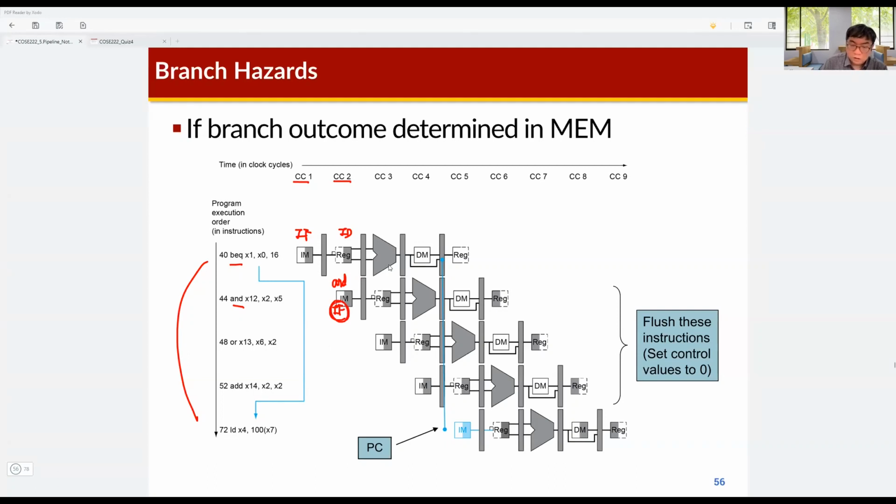Why? Because the branch instruction is in the ID stage, and we do not know the result of the branch instruction yet.